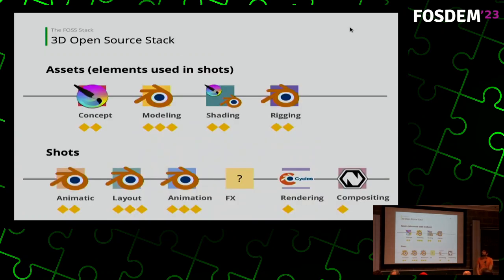So if we go back to our building steps, we can match a software with every step. For the concept, we can use Krita. For the modeling, Blender. As you will see, Blender is widely used to manage most of the steps.